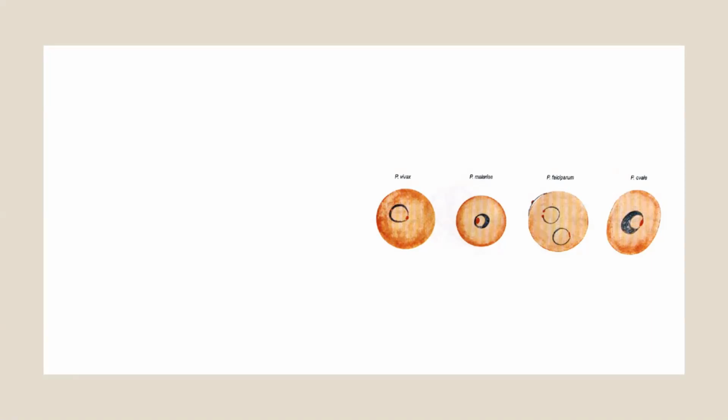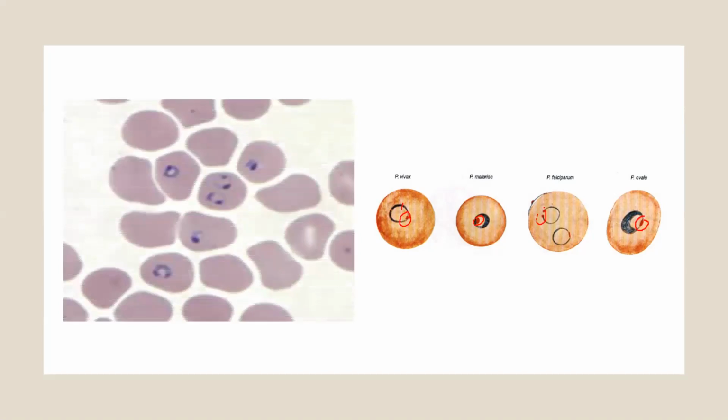The blue one is the cytoplasm. The inner center is your vacuole. And the red dot is your inclusion. Okay? So this is a ring form.